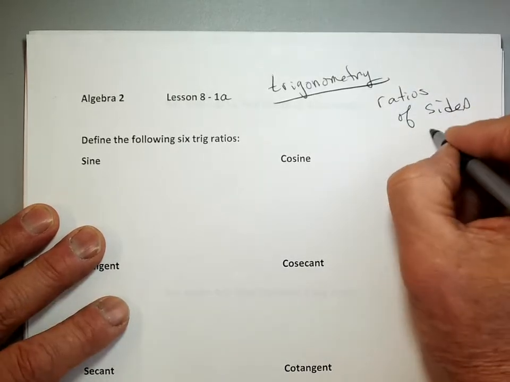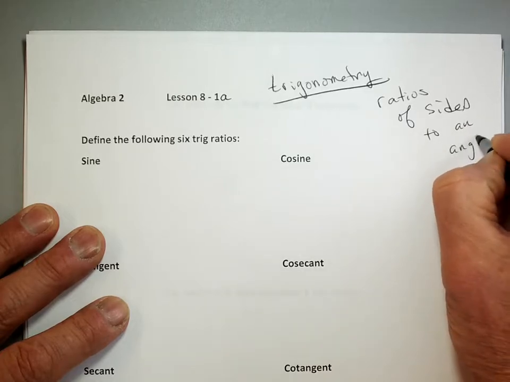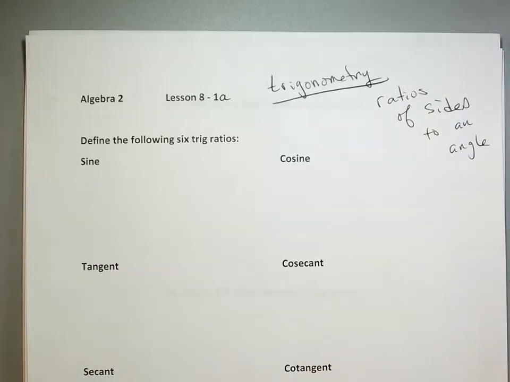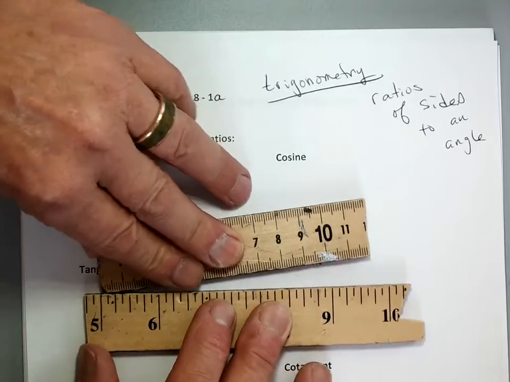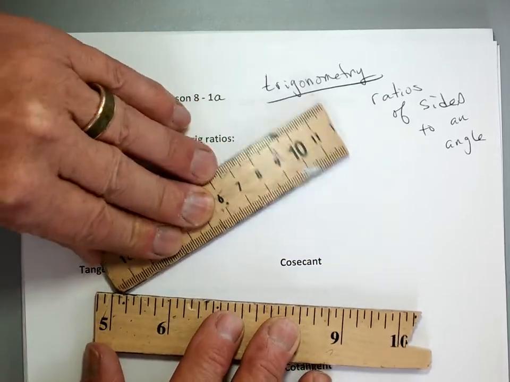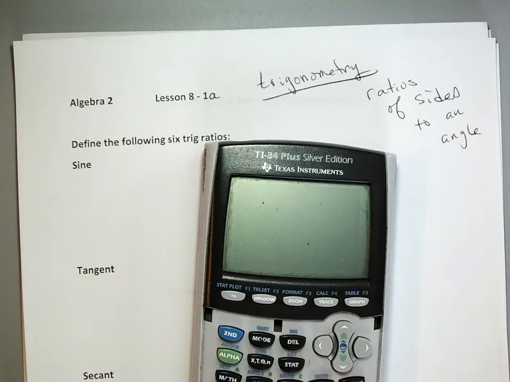Ratios of sides to an angle, okay? Basically, as an angle increases, the sides change, right? So there is definitely a ratio. As the angle increases, so do the sides, right? And all of those ratios with every angle and every possible side are all in the calculator, okay?